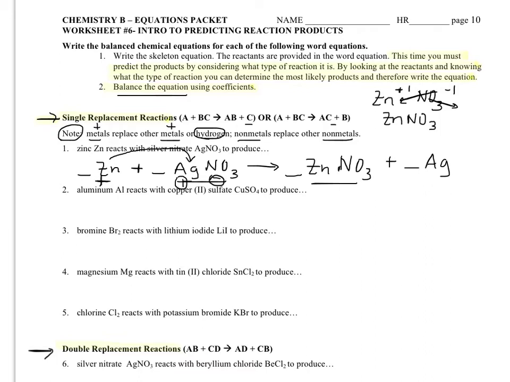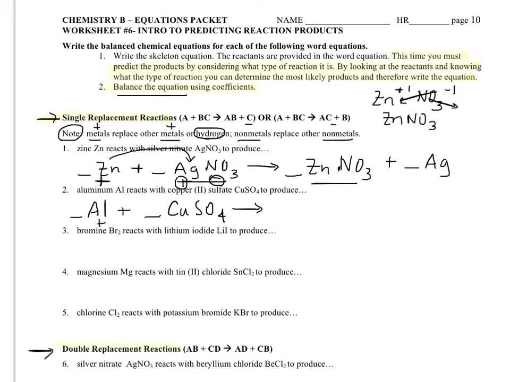So let's take a look at maybe a less obvious example. Here we've got aluminum, and it's reacting with copper sulfate. And they're telling us it's copper 2 sulfate, so copper with a +2 charge. So what is it going to produce?